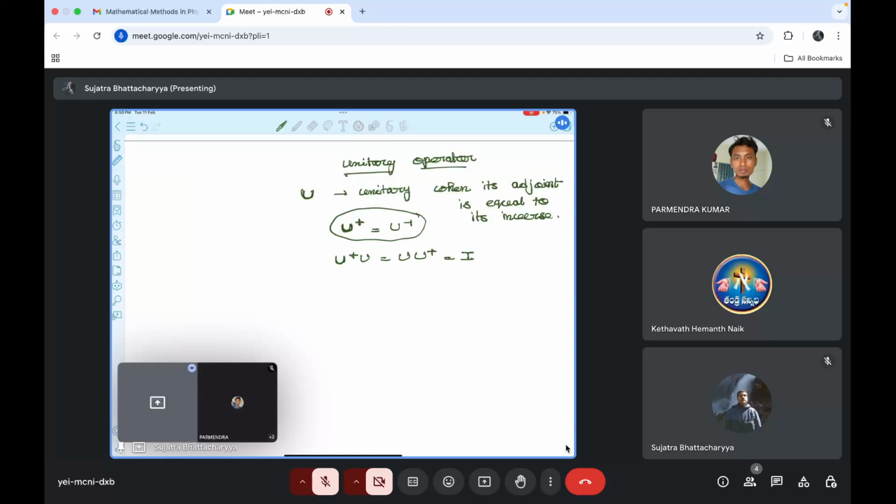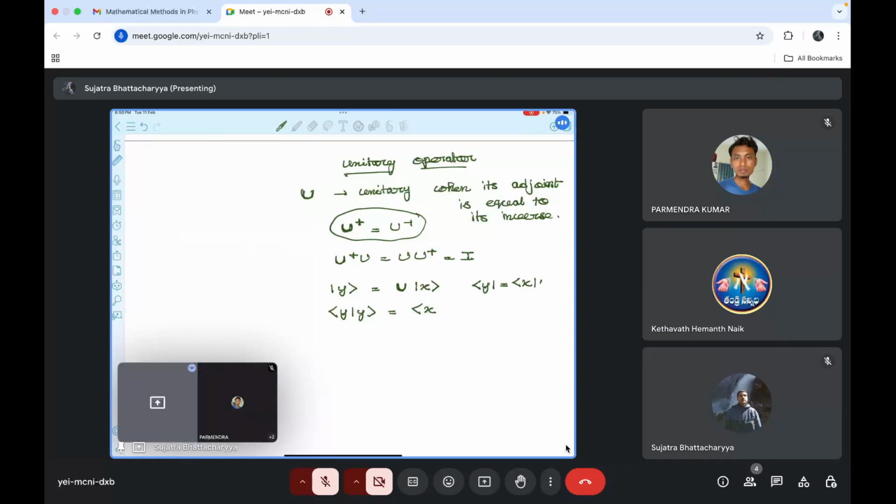Fine. Okay. So now what we will do is, let's say y is equal to the unitary matrix operated on some vector x. Okay. Now, if you do the inner product of y with y, this will give you x. Just to remind you, if you do it like this, what will happen?